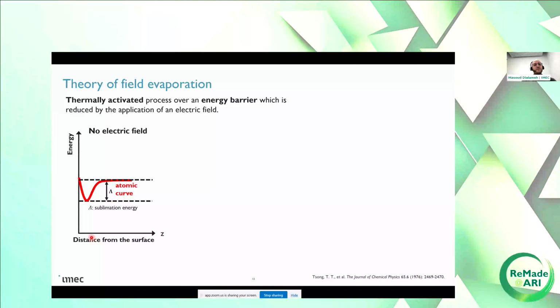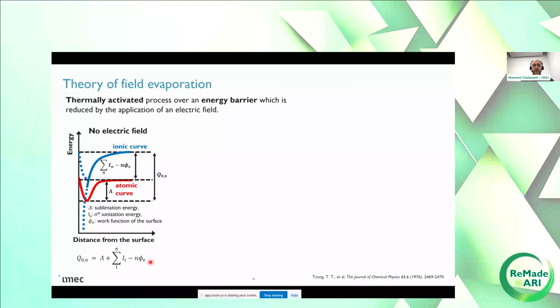In the absence of electric field, the energy to remove one atom from the surface is the sublimation energy, while to remove one atom and also n-fold ionize it, the energy we need, Q0, must also consider the ionization energy, minus the work function of the surface.